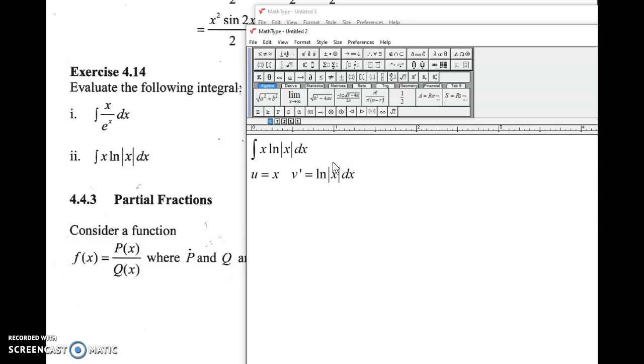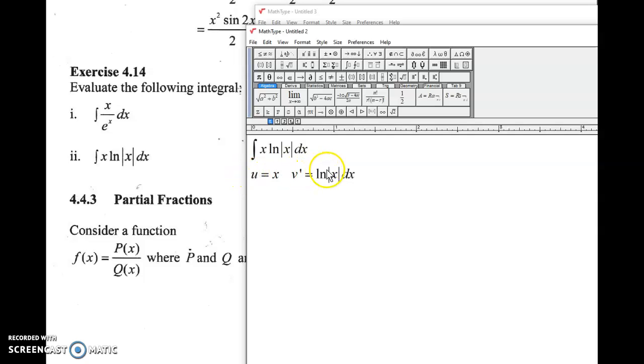There is actually no simple integration for ln x. So if you want to integrate ln x, you are going to need to actually do integration by parts again. So to make things a little bit easier, why don't we change this?